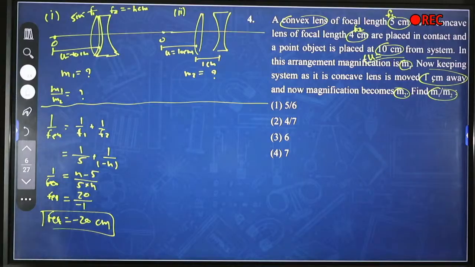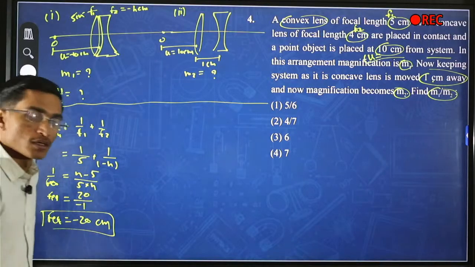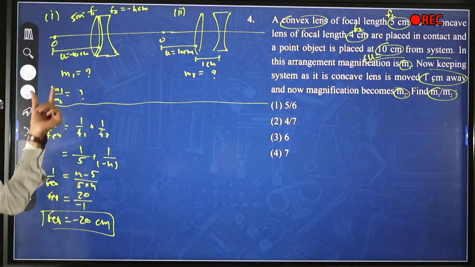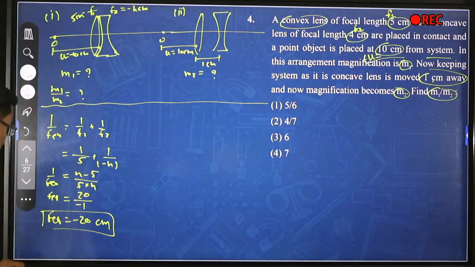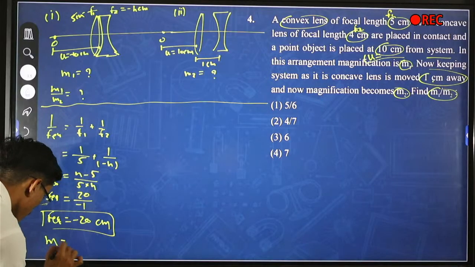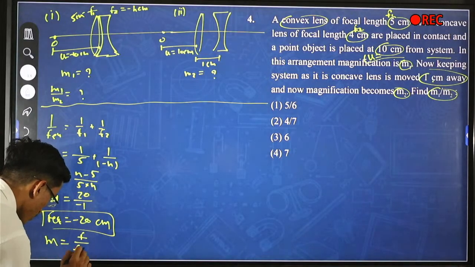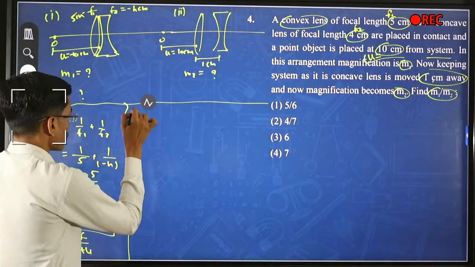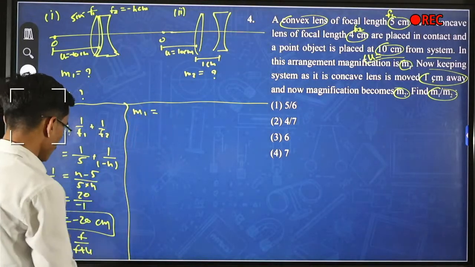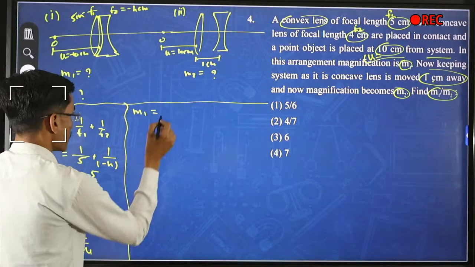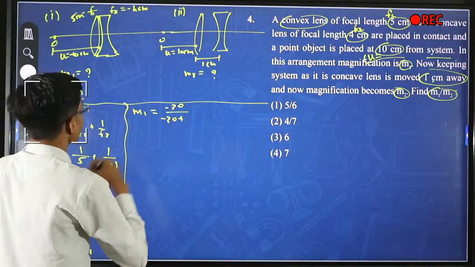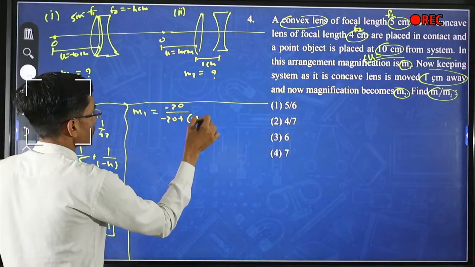From this we have to calculate the magnification. So we know the magnification in terms of F equivalent and object distance: magnification is F upon F plus U. For condition 1, it is said to be M1. F is considered as minus 20, plus U is considered as minus 10.